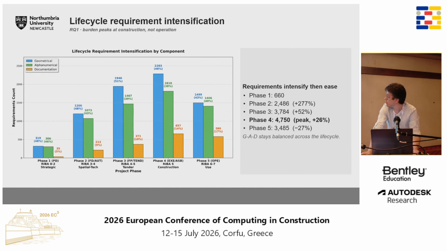In terms of phases, there's not much to say beyond something that is quite common, which is that information increases as we go towards the construction phase. But at least it's nice to see that we can now quantify more or less what that information increase and requirement increase is, for example, the jump between the strategic planning of the project in phase 1 and the spatial technical analysis or conceptual design in phase 2, which is almost 300%.